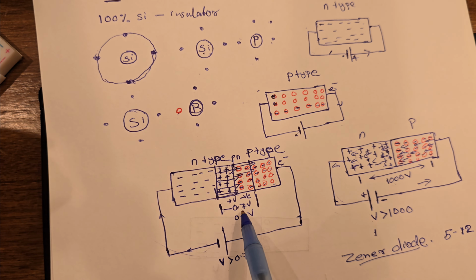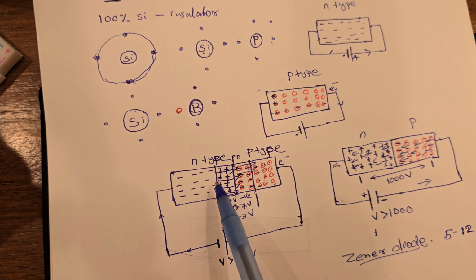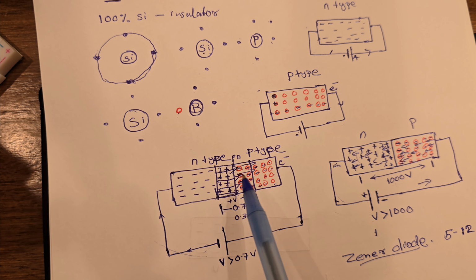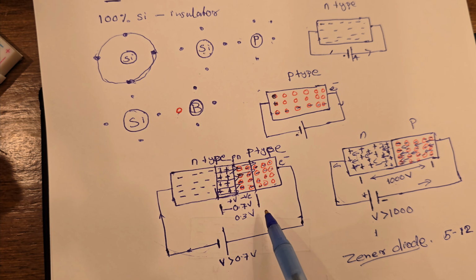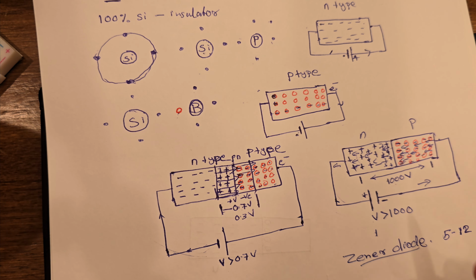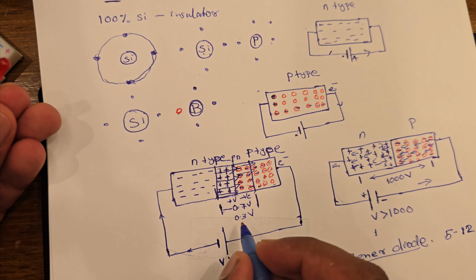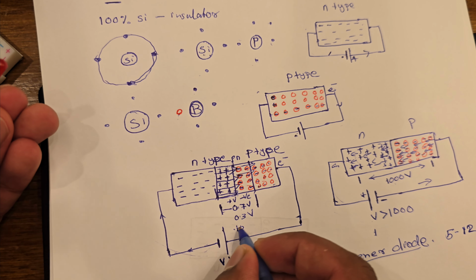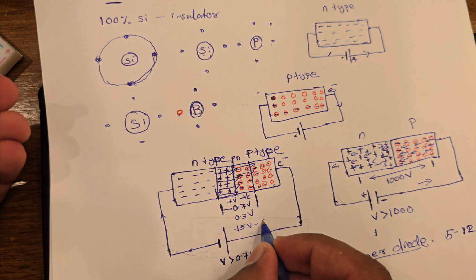Okay, so that is a PN junction diode, and we have to remember this 0.7 volt is the barrier voltage. In order for this diode to work, we need to apply a voltage more than 0.7 volt. But if it's a germanium diode, it's 0.3 volt. And there are some other kinds of diodes which are even lower, like 0.15 volt to 0.3 volt.